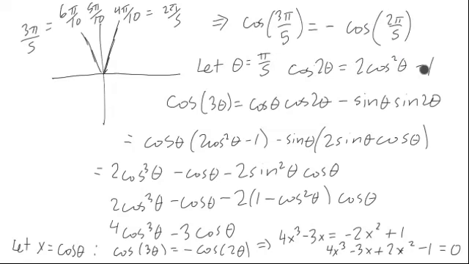So we're going to use this identity on this side, and the negative of that would be this. If you let x be equal to cosine of pi fifths, then really we're well on our way. This equation right here really has a negative 2x squared plus 1 coming from it. So most of our work on this slide will be devoted to this side of the equation, getting 4x cubed minus 3x.